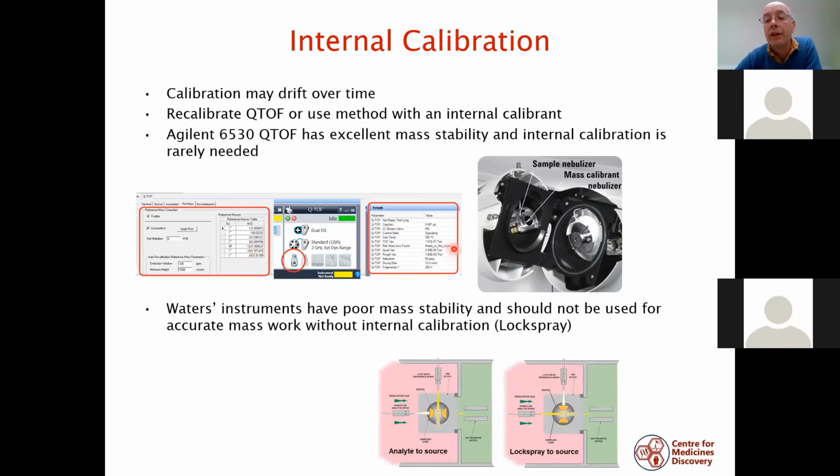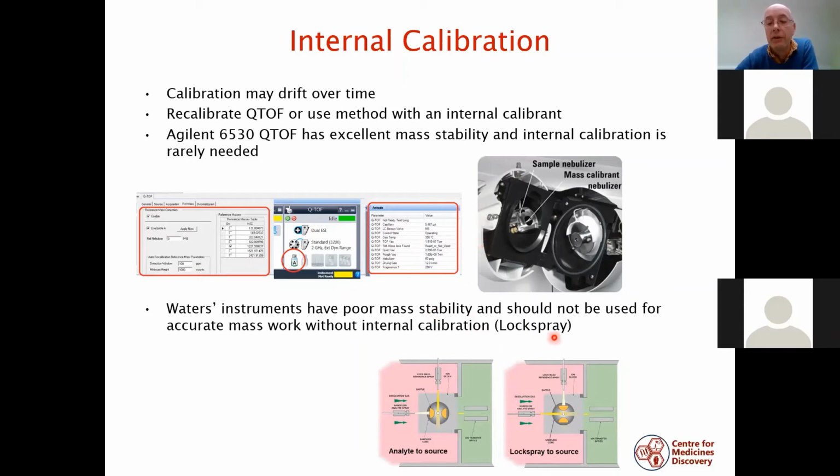We don't generally use that. We do use it sometimes, but it's not that common because our instrument, the mass stability, is very, very good. That can't be said for all mass spectrometers. In my own experience, I know Waters instruments, that's not the case. So on a Waters instrument, you must always use the internal calibration.